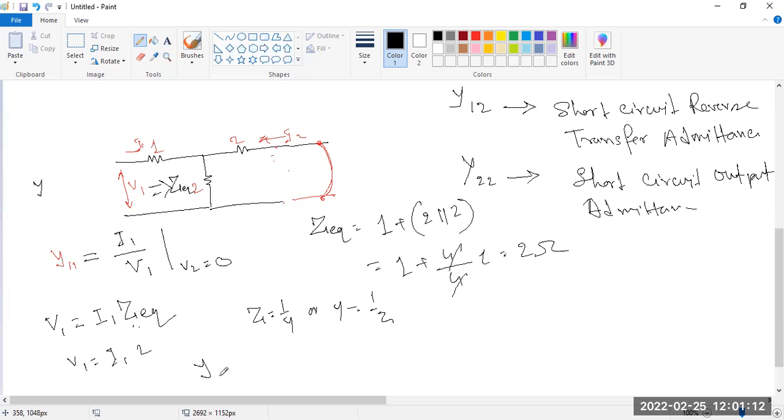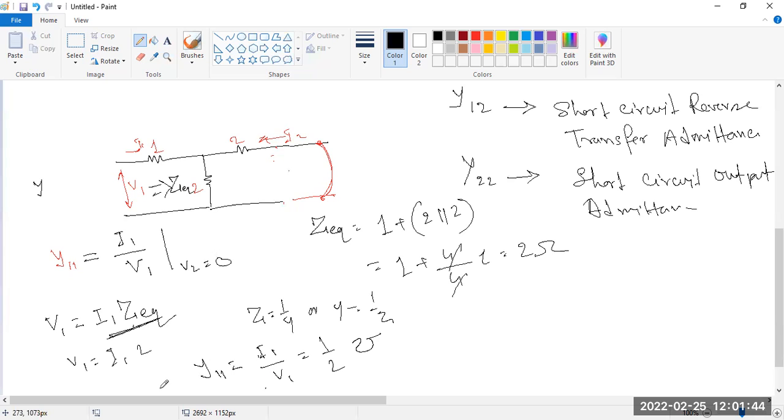So Y11, that is I1 by V1, is 1 by 2 mho, because I1 is cut out.